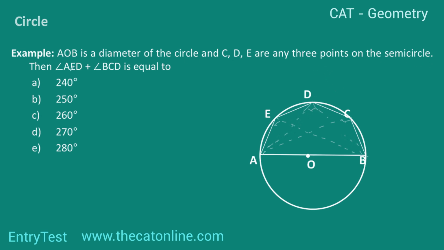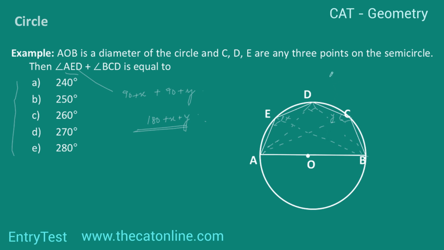Okay, angle AED, let me call this angle X. So AED is 90 plus X, and BCD is again 90 plus Y, so my answer is 180 plus X plus Y. Now look here, all my options are anyways more than 180 that I have.